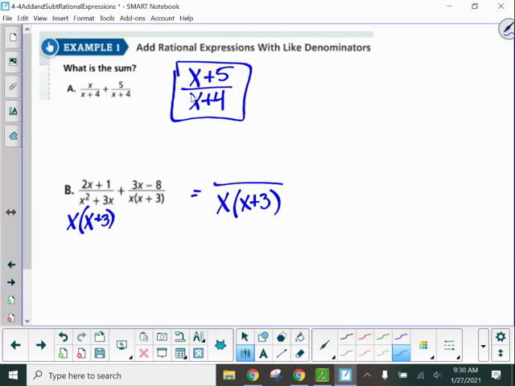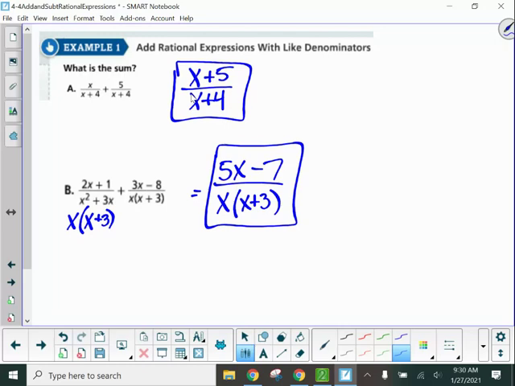So you want to combine like terms. 2x plus 3x is 5x, and 1 plus -8 is -7. There's nothing I can factor out of the top. It does not have a greatest common factor, so there's nothing else I can do with this. That would be your solution.